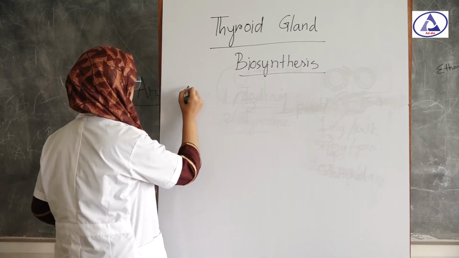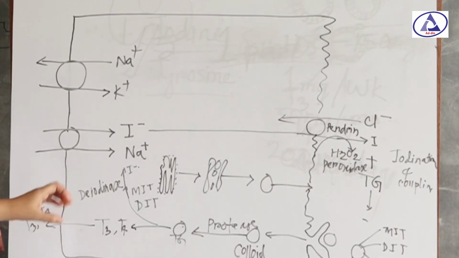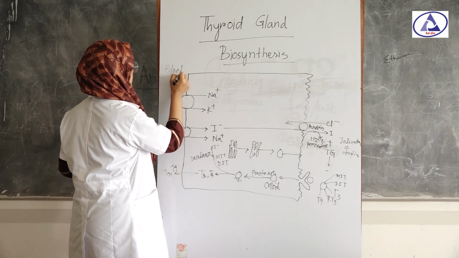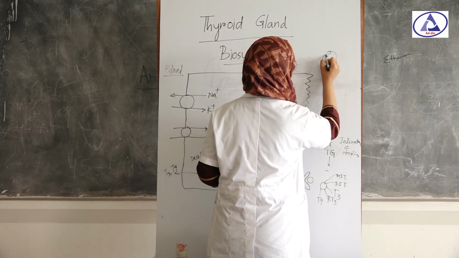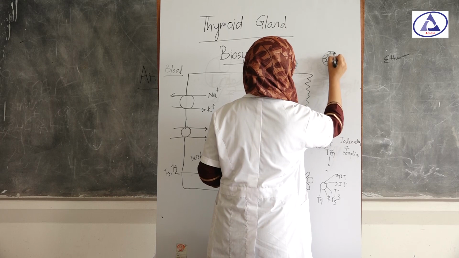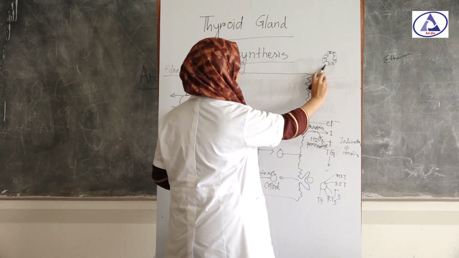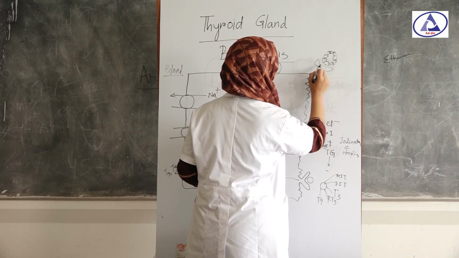Then biosynthesis. I will draw a figure here. Now, how is thyroid hormone synthesized in our body? At first, this portion is blood. I have already drawn a figure of a follicle. This one was a follicular cell, this portion is colloid, and there were blood vessels.